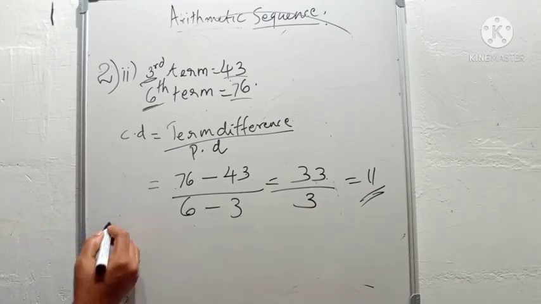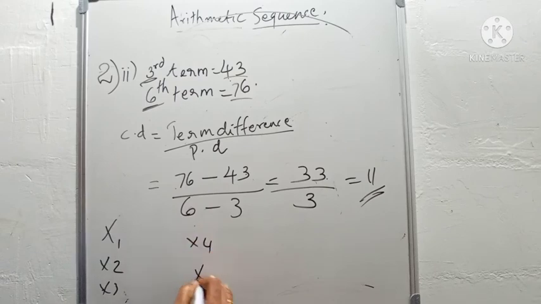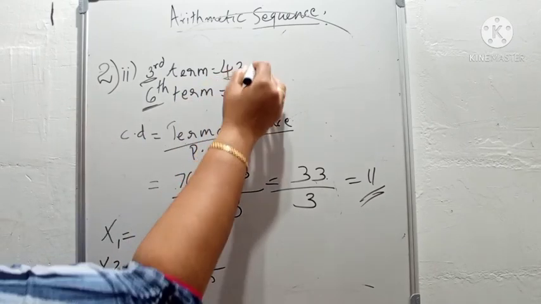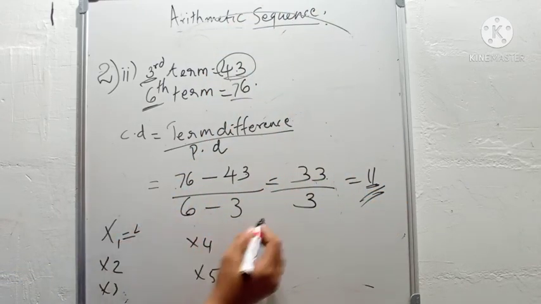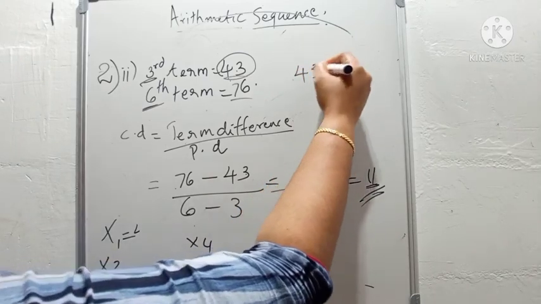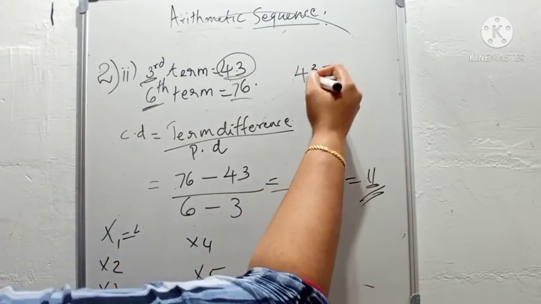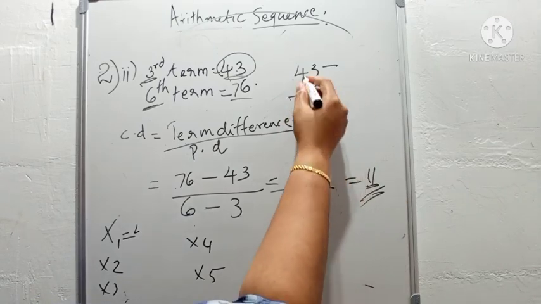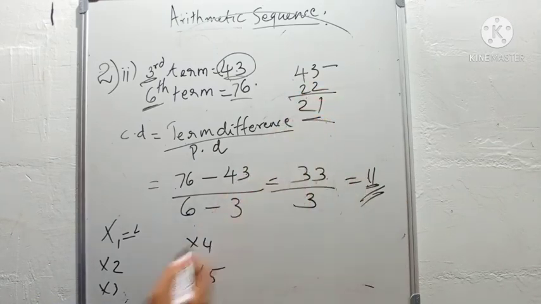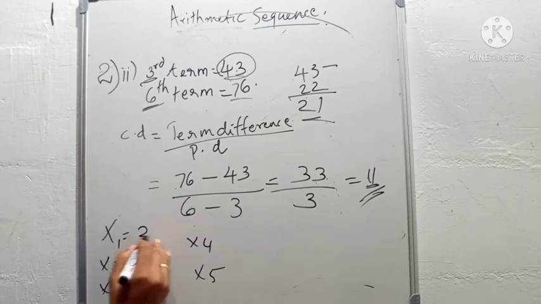Then what about the first term, second term, third term, fourth term and fifth term? The first term is the third term minus 2 times the common difference, that is 43 minus 22, which is equal to 21.